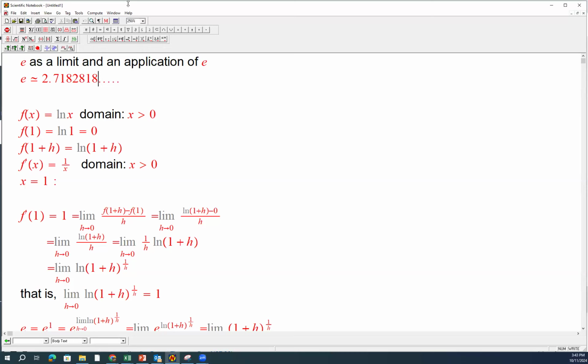We are given 7 digits after the decimal point. If you remove this, that would be an approximation. But in most cases, we just use 2.7 and not this value at all, just treat it as a constant.